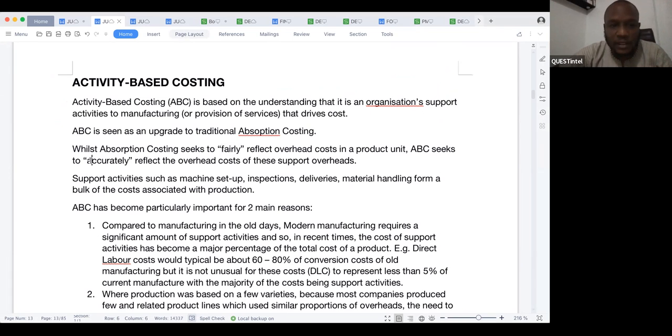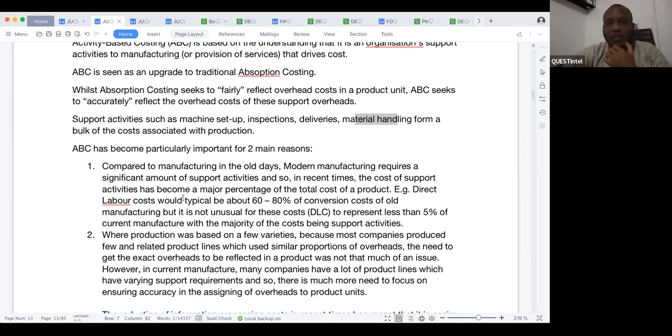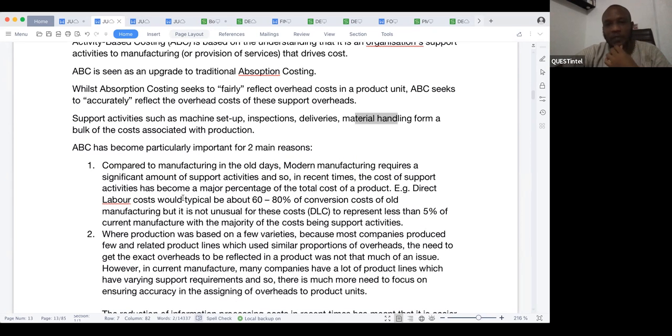So the difference is the accuracy that ABC is seeking compared to the fairness that absorption costing is seeking. Now, support activities such as machine setup, inspections, deliveries, and material handling form a bulk of the cost associated with production. ABC is important for two main reasons.